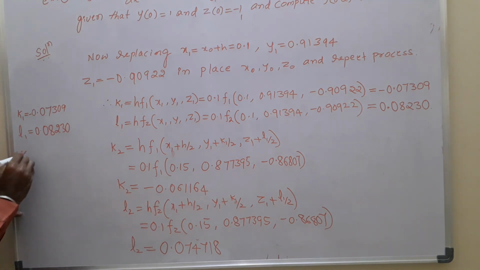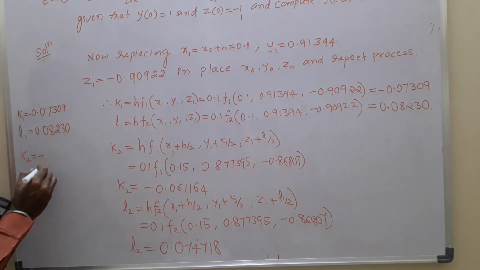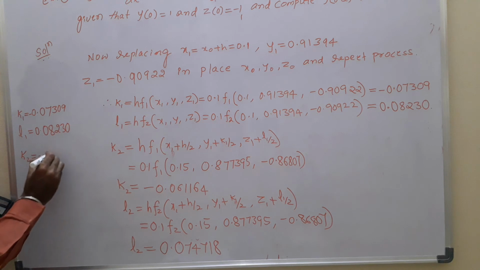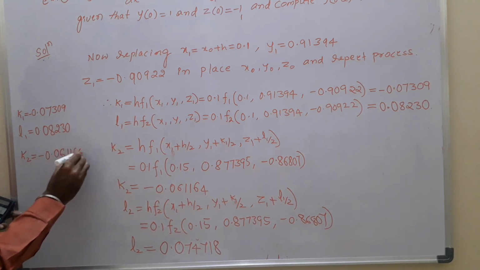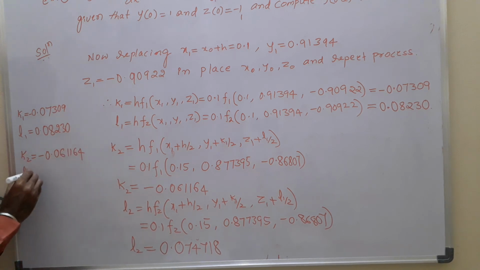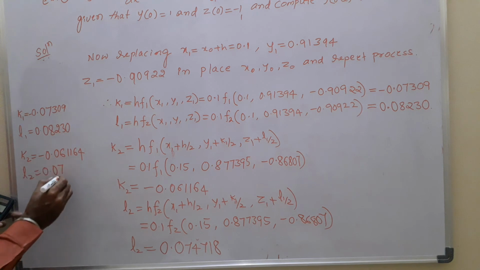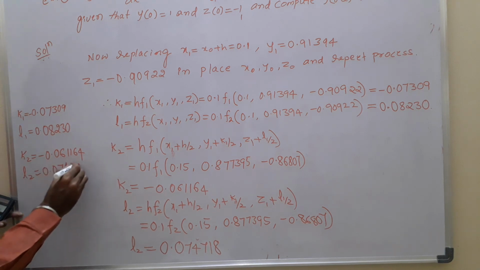So k2 equal to minus 0.061164 and L2 equal to 0.074718.